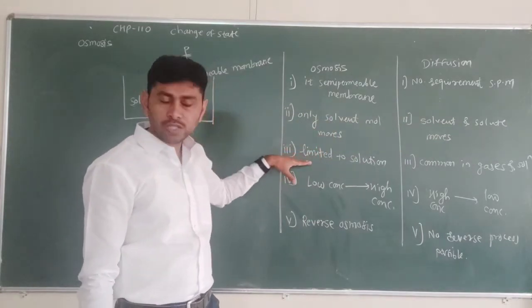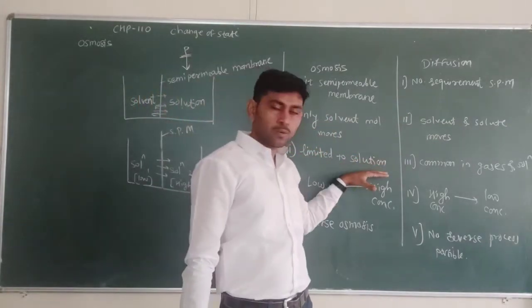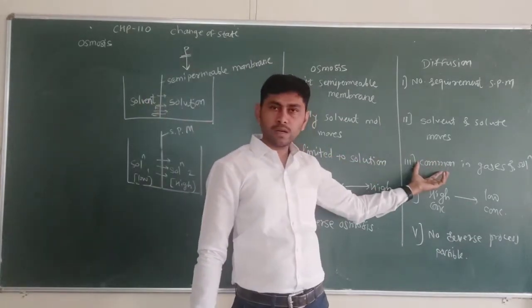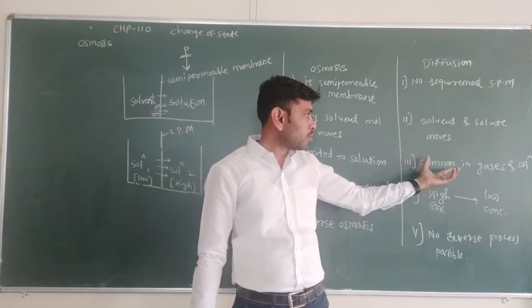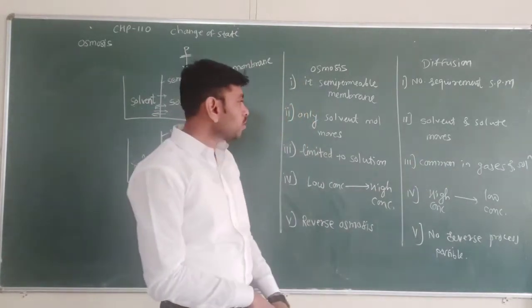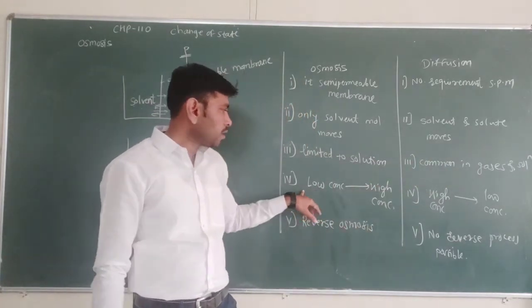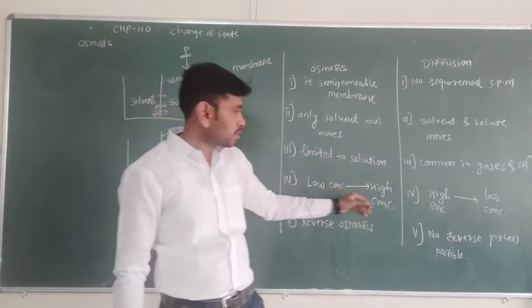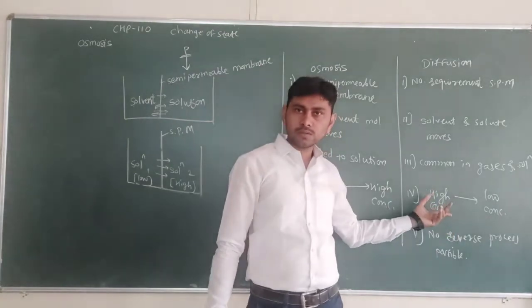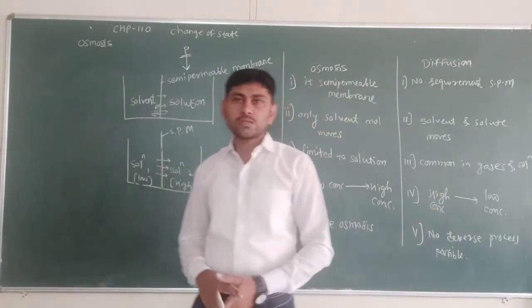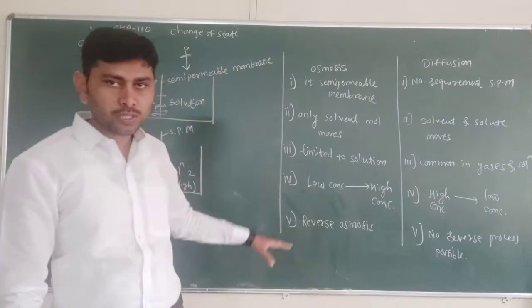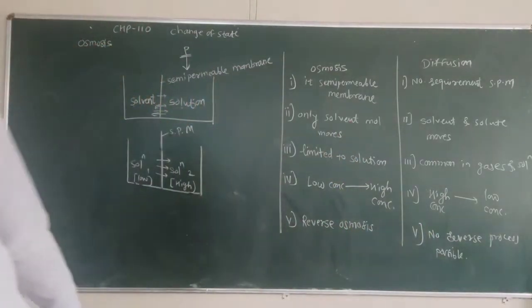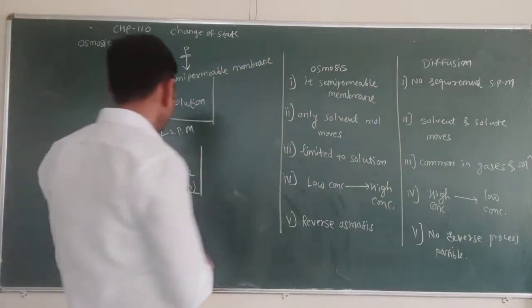Osmosis is limited only to solutions, while diffusion is common in gases too. In osmosis, solvent flows from low concentration to high concentration; in diffusion, solute molecules pass from high concentration to low concentration. Reverse osmosis is possible, but reverse diffusion is not possible. So these are some basic differences between osmosis and diffusion.